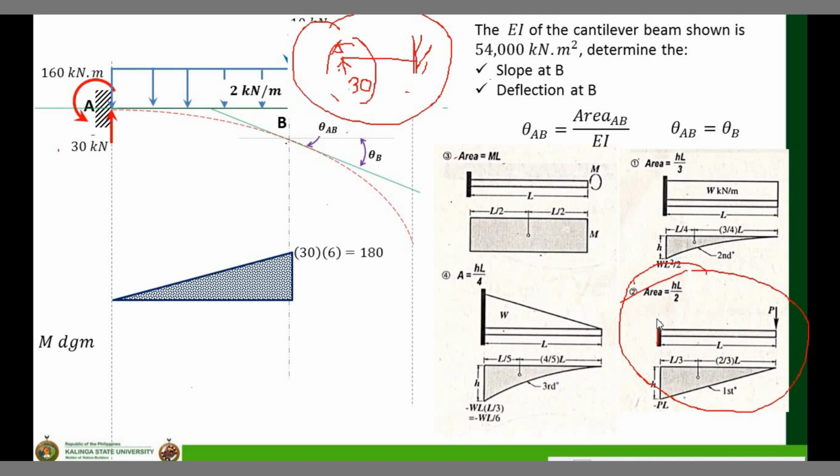Since in number 2 the fixed support is on the left and the concentrated load is on the right, ours is reversed: the fixed support is on the right and the concentrated load is on the left.